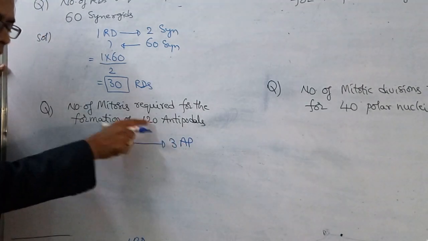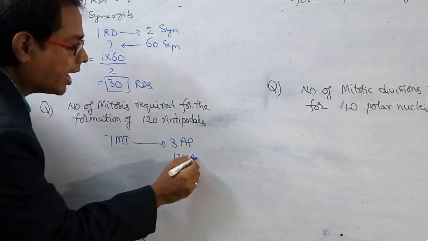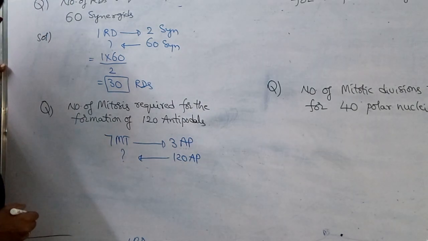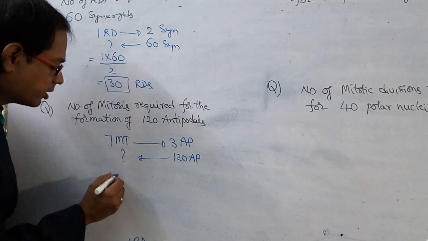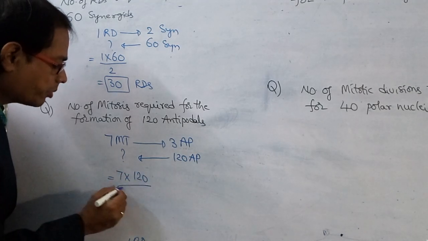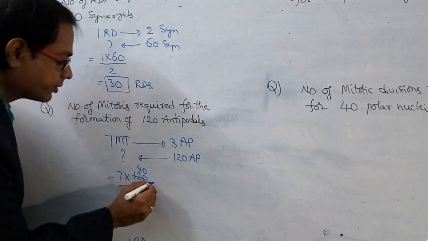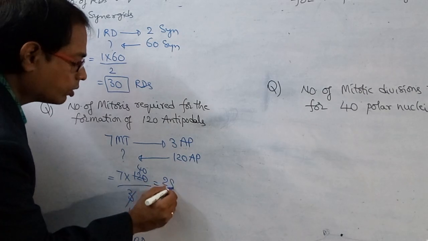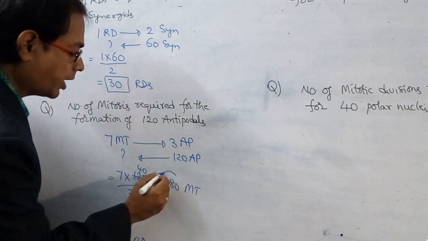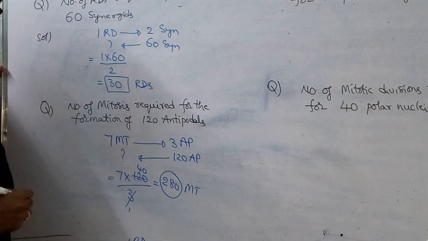How many antipodals are given here? 120 antipodals. How many mitoses required? Cross multiplication: 7 into 120 divided by 3. 3 ones are 3, 3 40s are 120. So that is equal to 280 mitosis. Okay? Did you understand, my dear students?